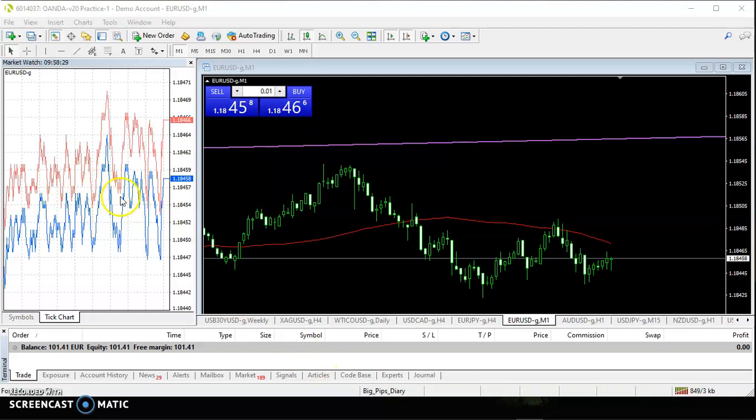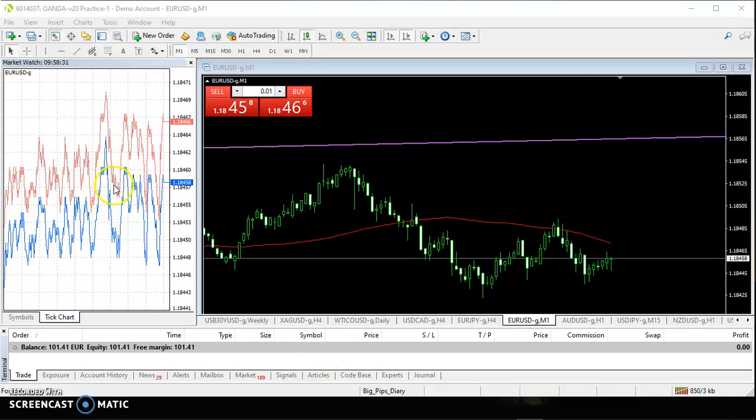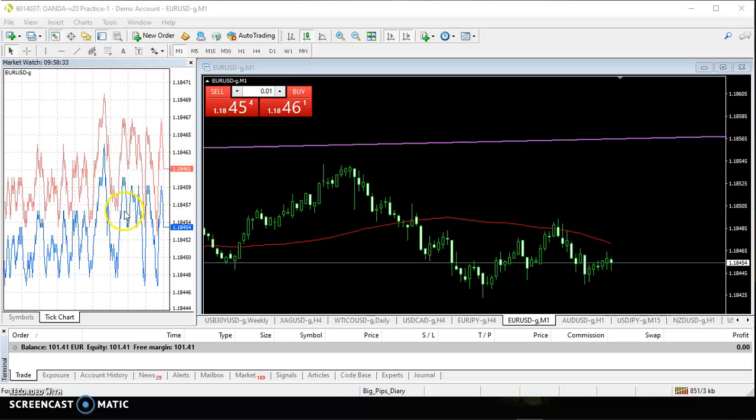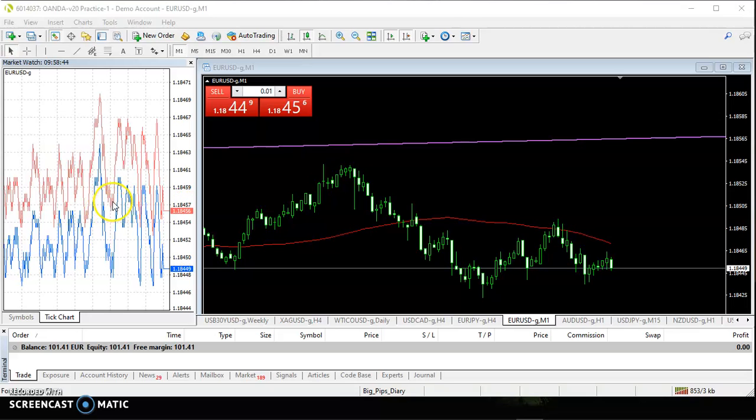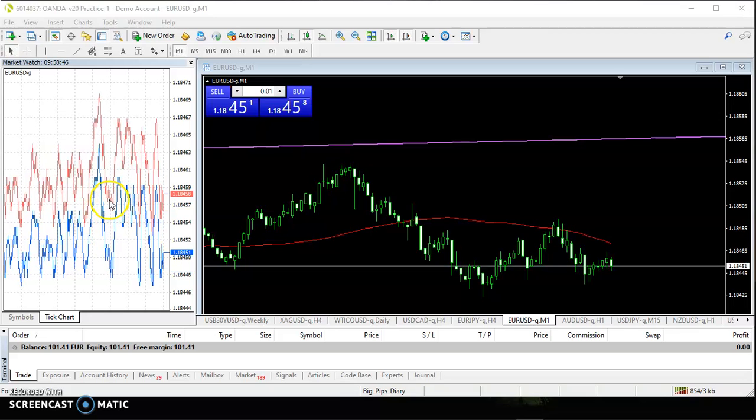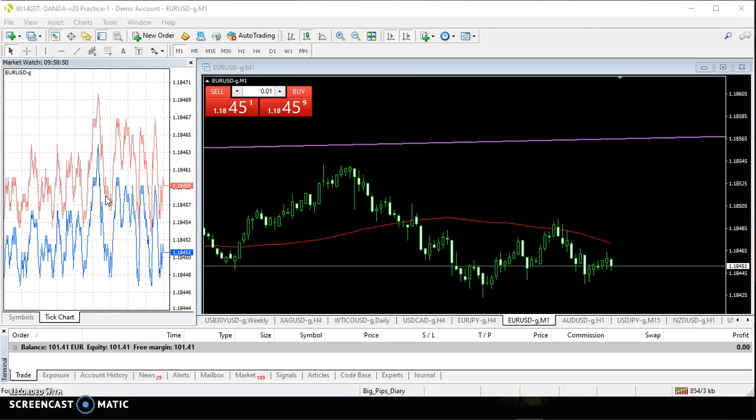Again, there is a good work in this area. There is a battle at the moment, and the uptrend is trying to go higher, and the downtrend is trying to go lower. And of course, at the moment, we don't know who is winning this battle.